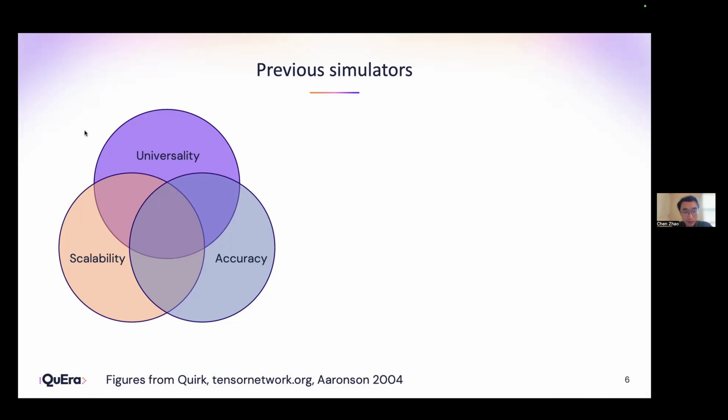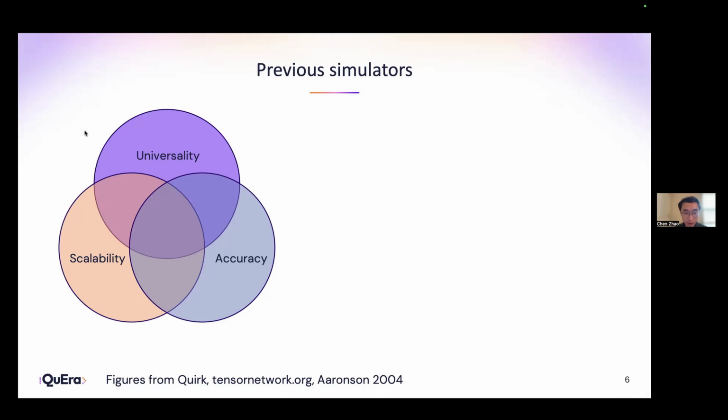Universality characterizes whether the simulator supports simulating an arbitrary quantum circuit. Accuracy is whether the simulator gives you an exact or just an approximate simulation result. And scalability is about how many qubits you can simulate using the simulator.